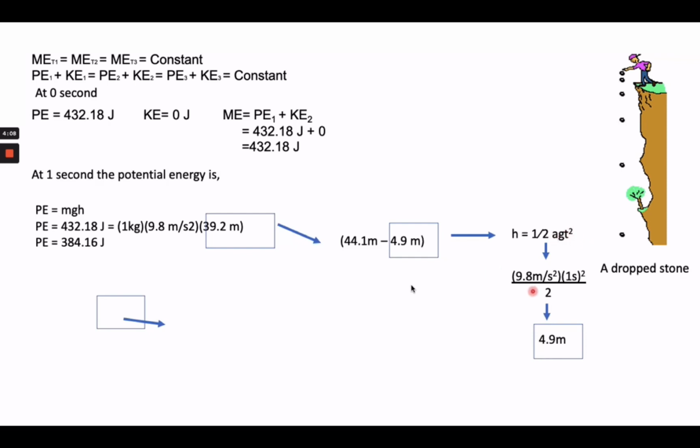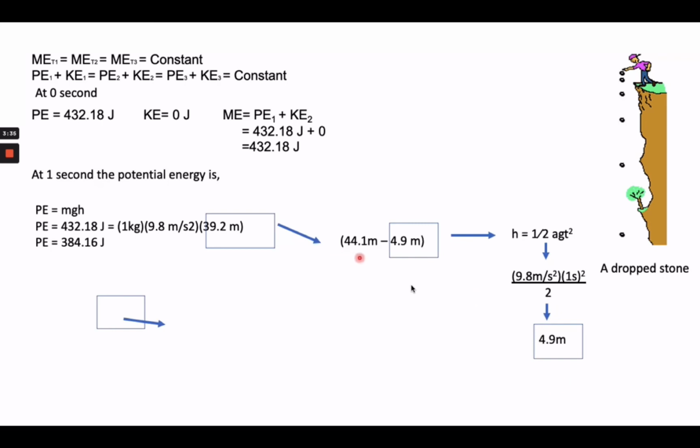So we simply substitute. We already have our acceleration due to gravity at a constant value, which is 9.8 meters per second squared, times our time. Remember, it changed from 0 seconds to 1 second this time. So this is 1 second squared divided by 2, because we have 1/2 here. So we solve this, that would give us 4.9 meters.